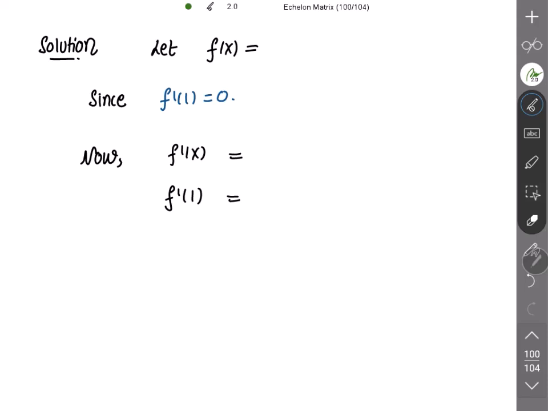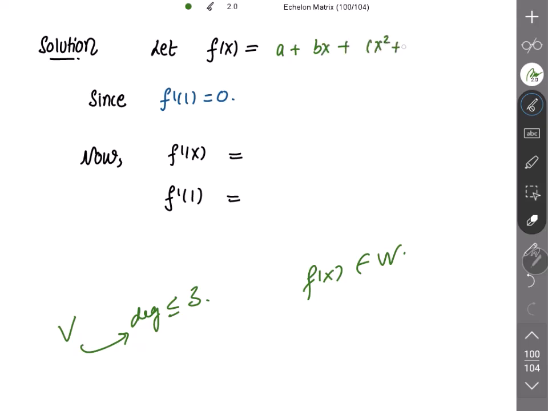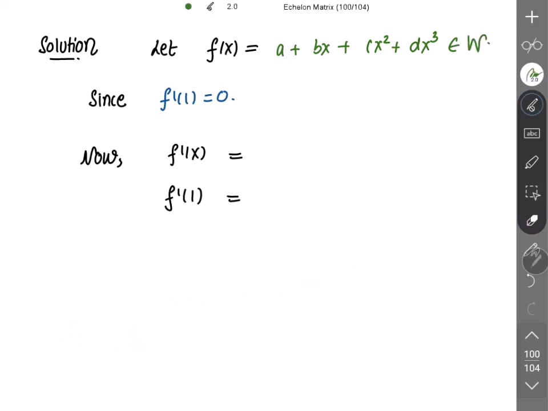Because V is the set of polynomials of degree less than or equal to 3, let's take one polynomial belonging to W: a plus bx plus cx square plus dx cube. Since f'(1) is equal to 0, we first need to find the derivative of f(x).